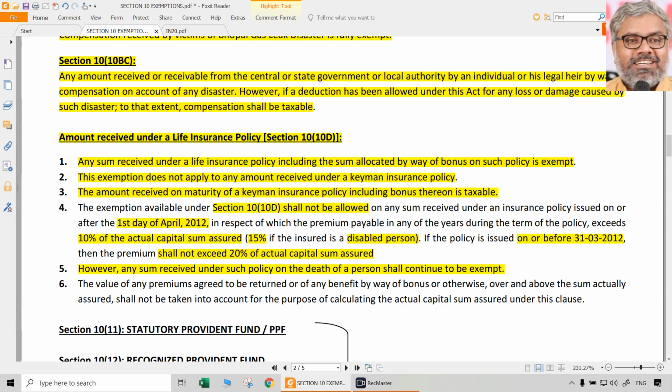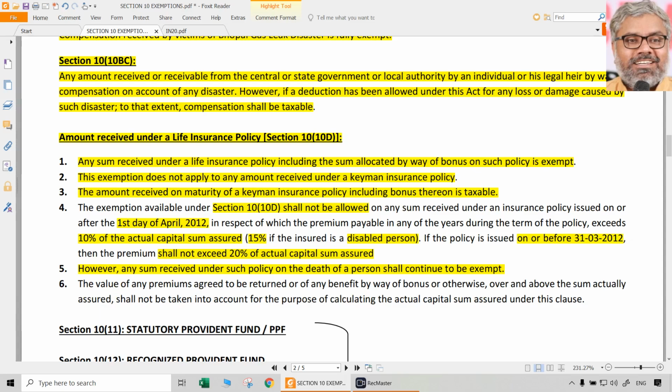Of course, on the death of the person, the person will not receive it. Some of his relatives will receive it. But that will be exempt if such sum received under a life insurance policy is related to the death of that policy holder. For death, there is no taxability. For others also it is exempt. But the only condition is that we have to check the sum assured and the policy amount.